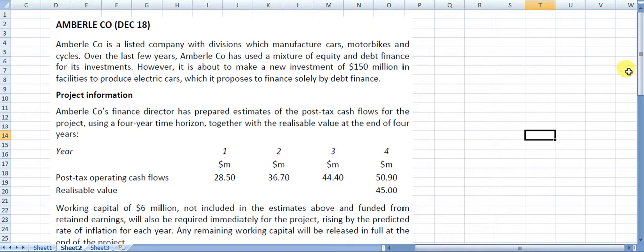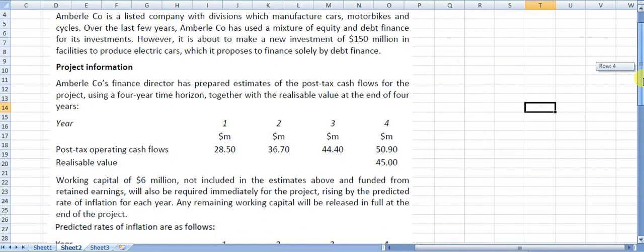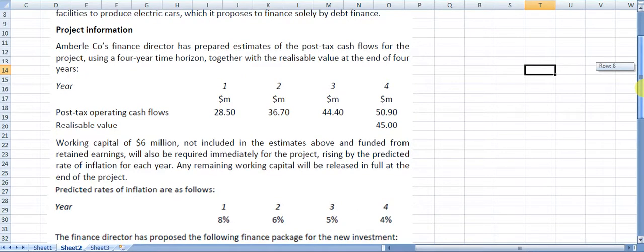Project information. Amberley Company's finance director has prepared estimates of the post-tax cash flows for the project using a 4-year time horizon, together with the realizable value at the end of 4 years. Operating cash flows do not include working capital. Operating cash flows means revenue, variable cost, fixed cost, taxes, all that.